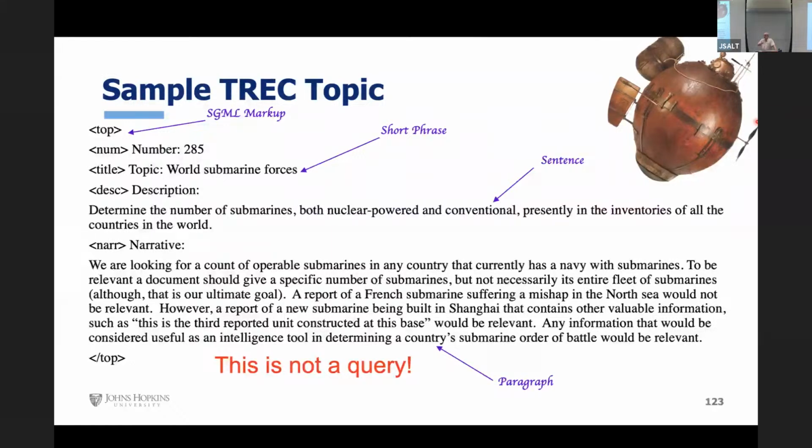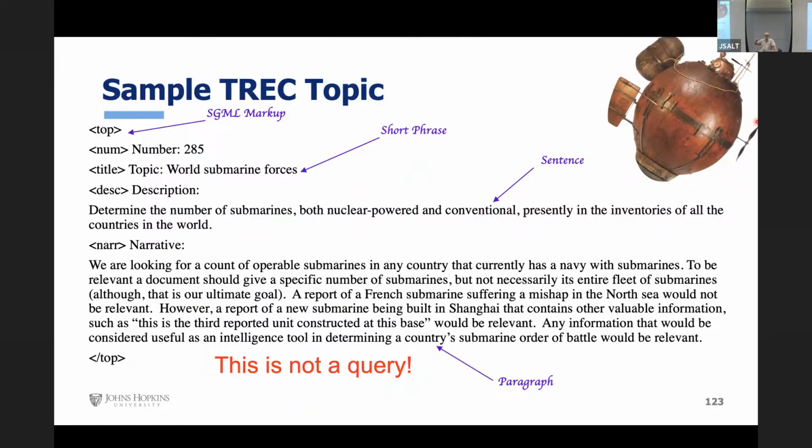This is not a query, okay? This is not something that you can take and throw into your retrieval engine. You have to convert from this information need, from this topic, to something that your engine will recognize, right? So the way people typically do that for TREC is they'll either take just the title of the topic, the words of the topic, and treat that as the query, or just the description, or the combination of both.